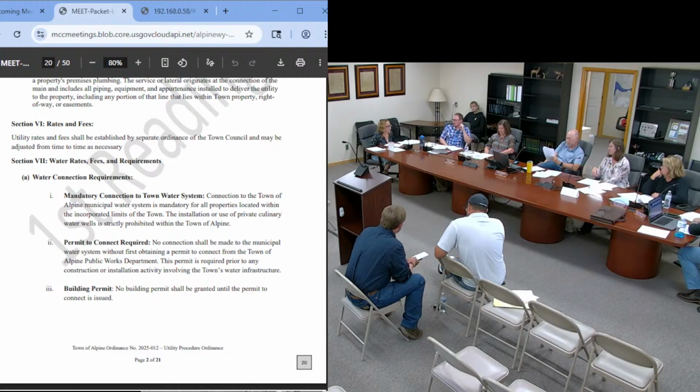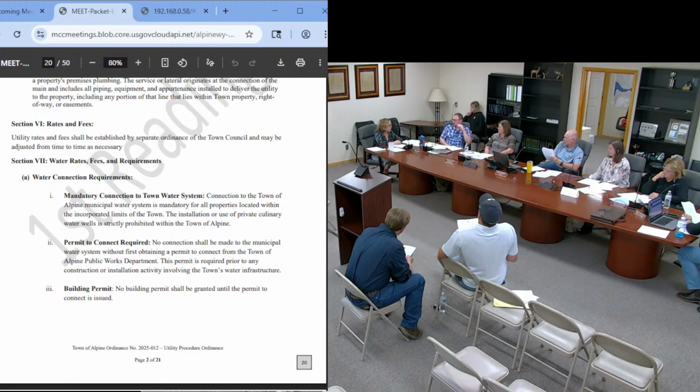Everybody in the town of Alpine is required to be connected to water, and everybody who has access to sewer is required to be connected to sewer. That's already the case, and the language doesn't change that. With sewer, when they did this sewer extension, project phase 1 and 2, all of those houses were given a mandatory connection notice to connect to the sewer system.